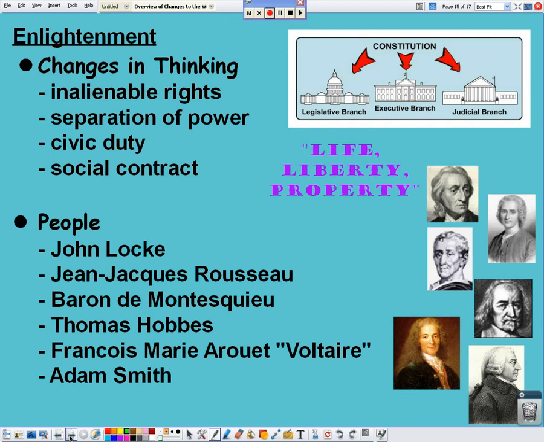So Rousseau says government is actually more like, or should be more like, a contract. The government promises to take care of the people, and in return, what do the people promise to do? Follow the government. But because it's a contract, what happens if one side breaks the agreement?